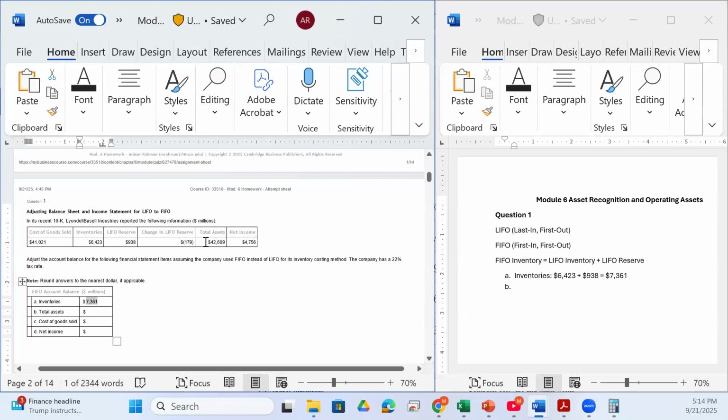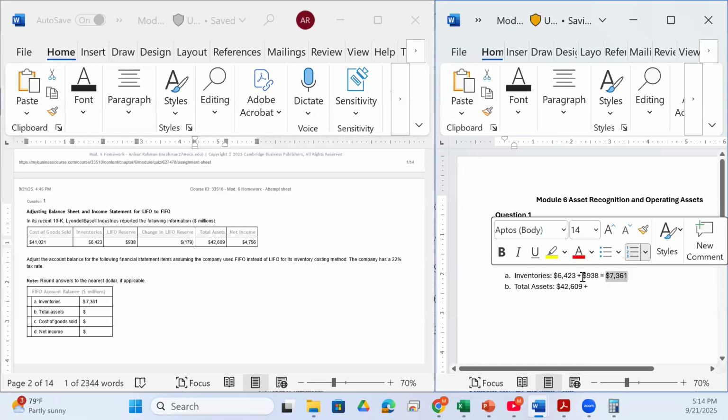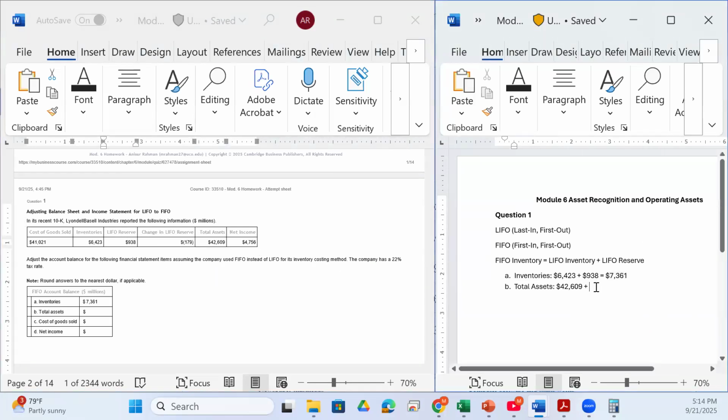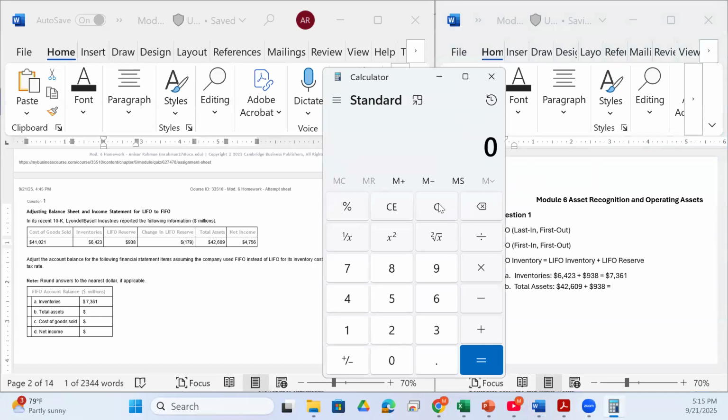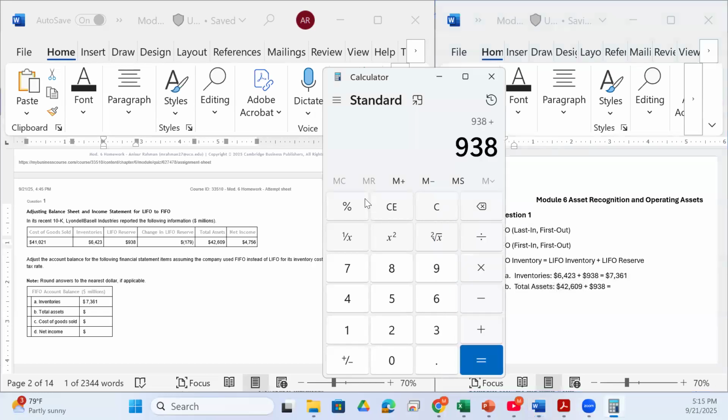So our current total assets is this, plus increase in inventory, which gives 43,547.